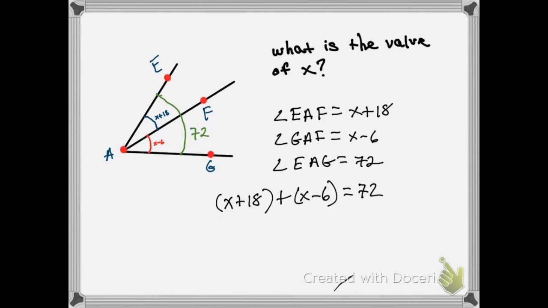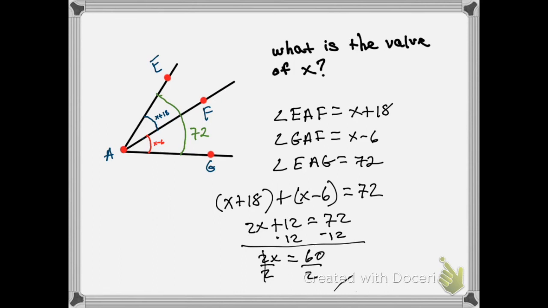So we end up with combining like terms, 2x plus 12 equals 72. We do minus 12 on both sides, and we end up with 2x equals 60. Divide by 2, divide by 2, x equals 30.